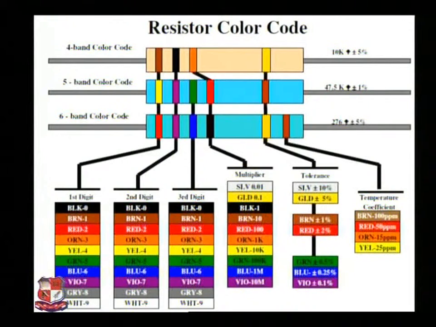The fourth one is used for the tolerance. This is indicated with the color code for the resistor. Different kinds of bands you can see easily. Now just go through one video. According to that video, you can easily find out the value of a resistor.